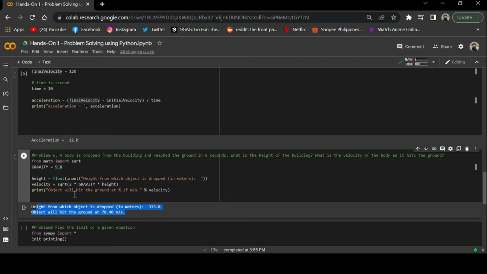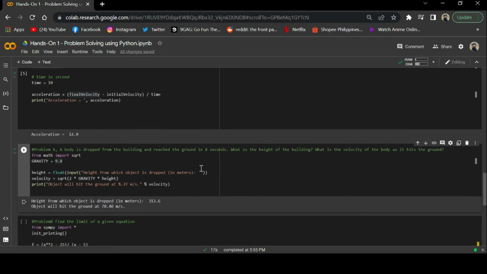That's why I explained to you how I got 313.6. We follow the formula for the height of a free falling object in vertical free fall, which is 1/2 times the value of gravity, 9.8 meters per second squared, times the time it took, which is 8 seconds squared. So we get 313.6. This is our final answer. The object will hit the ground at a velocity of 78.40 meters per second.